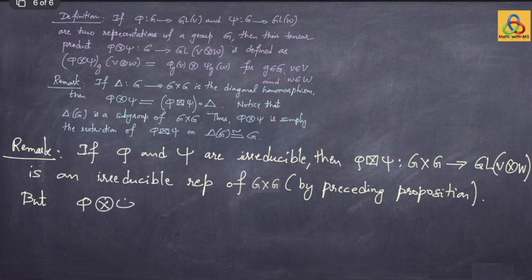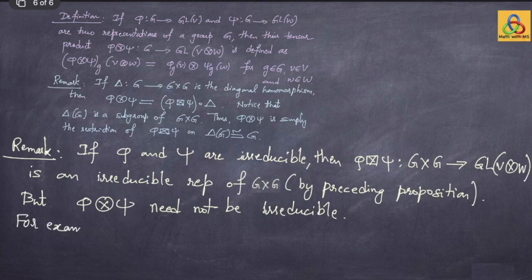Remember that if we take the same group, then the tensor product phi tensor psi is a restriction of phi exterior tensor psi to G viewed as a diagonal in G cross G.